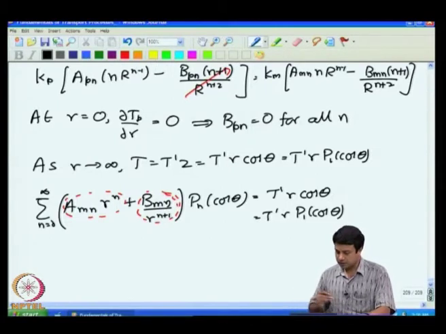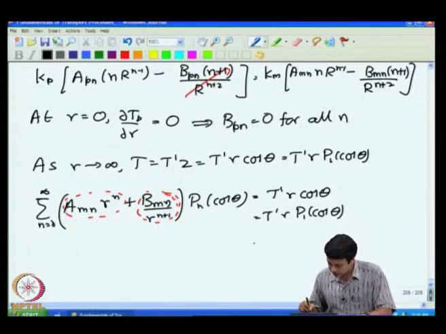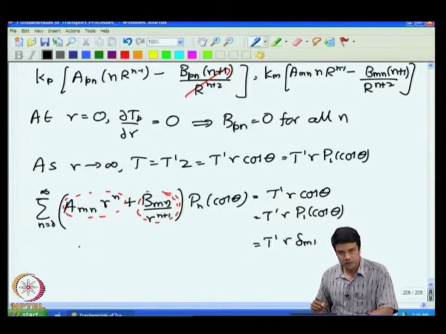If I multiply by P_m of cos theta, where m is some other coefficient, the right hand side is 0 unless m is equal to 1. So, I will get T' r delta_m1.